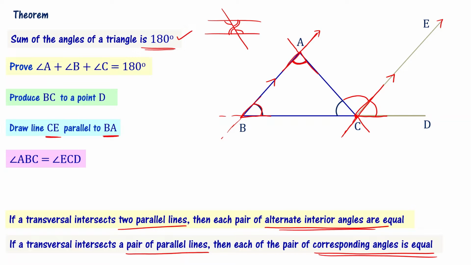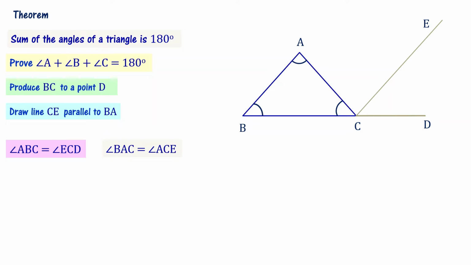Angle BAC is equal to angle ACE. Let's write that. Angle BAC equal to angle ACE. Understood? Now let's go back to this. You know, we said that, let me say, if I call this as angle 1, this is equal to angle 1. And if I say that this is angle 2, then this is angle 2.